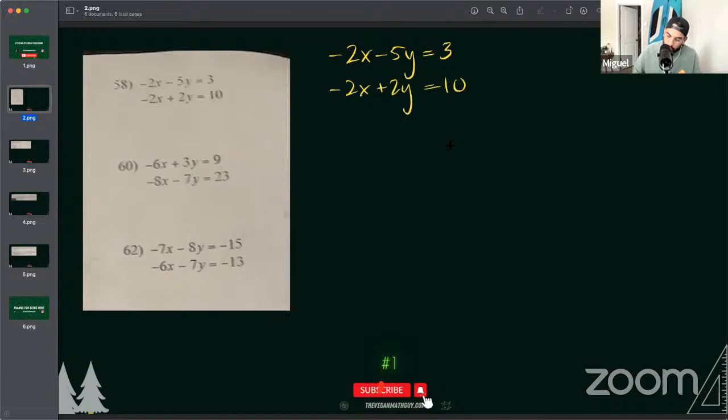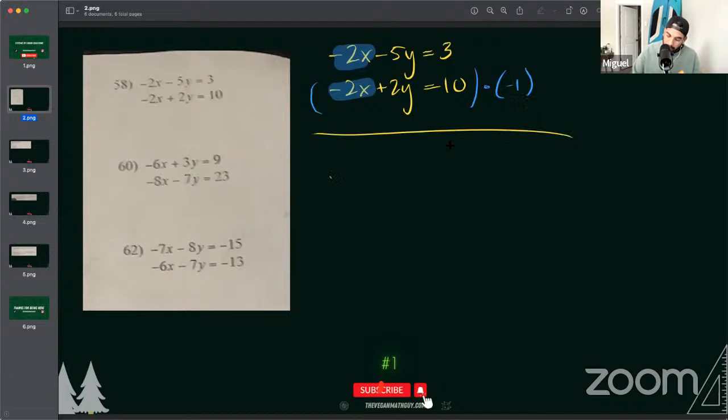Okay, so we're using elimination. The goal for elimination is to make sure that we have one of the variables having the same value but opposite signs. Now, I can already tell that I want to eliminate the x's because one of them is a -2, the other one is also a -2. But you know what I can go ahead and do is multiply the bottom equation by -1.